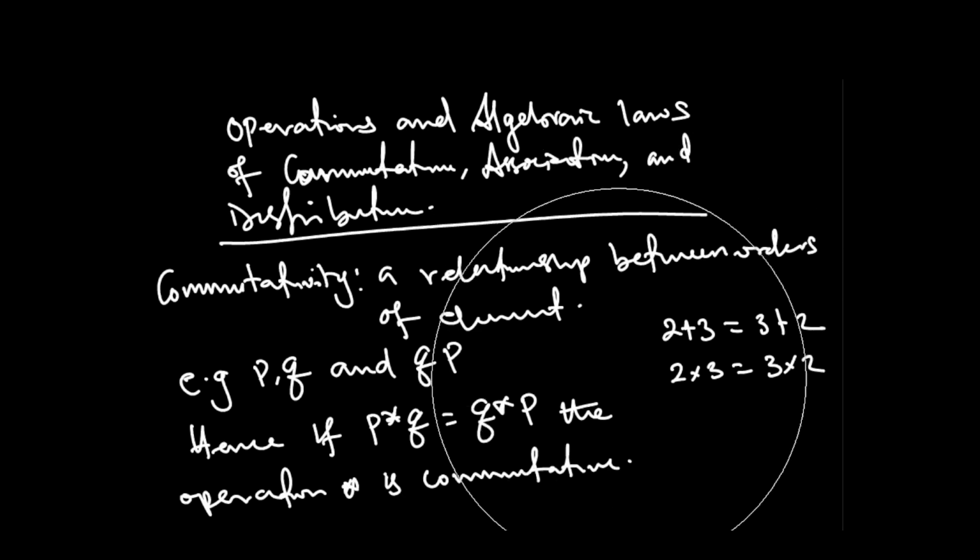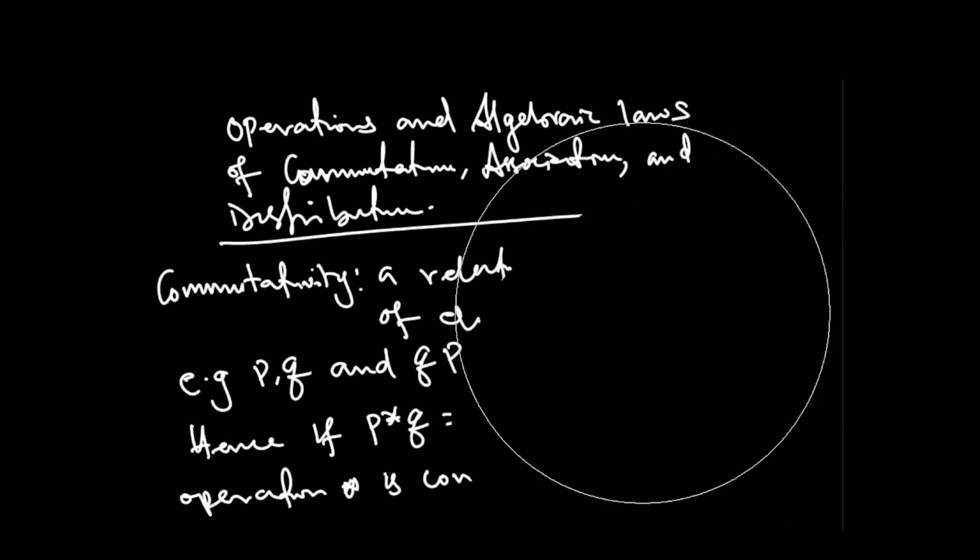So let's look at associative now. When you say associative, it's a relationship between forms of combination in an operation with more than 2 elements.